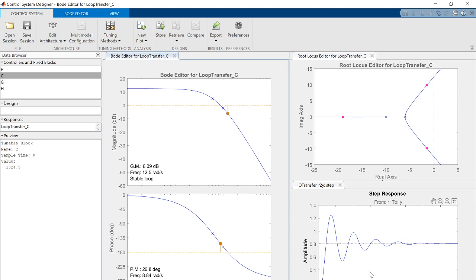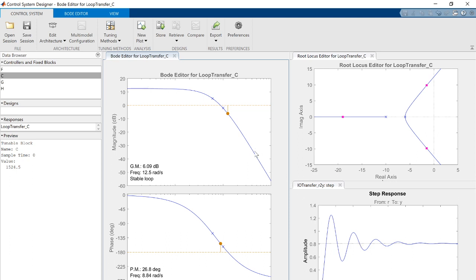We've caused a lot of oscillation in here now. Okay, we still have a stable system. We can look at our root locus, and we see all our poles are still in the left half plane, so we're stable. And we can validate that also with our gain margin at 6 dB and our phase margin at 26 degrees. Incidentally, they're plotted on here, right in here and right in here. And so we still have a stable system, but we're starting to pick up a lot of oscillation in here.